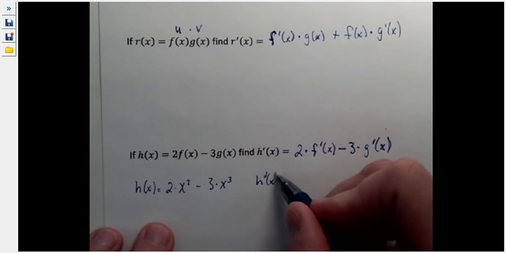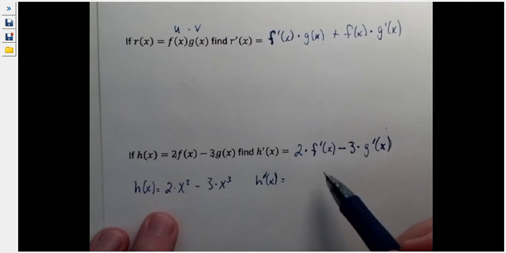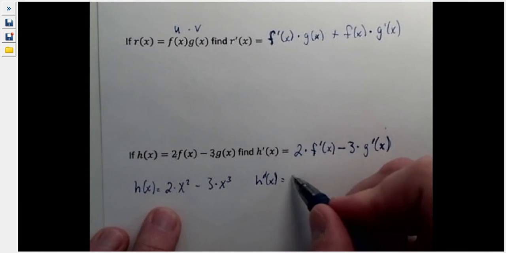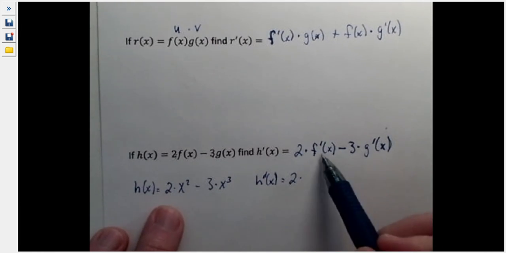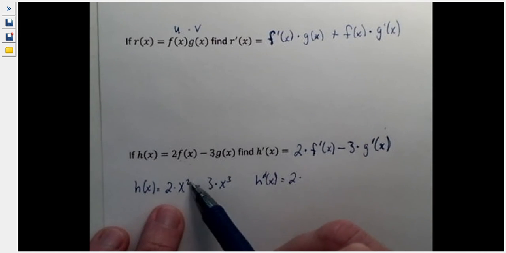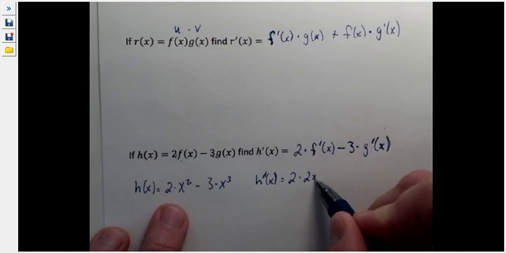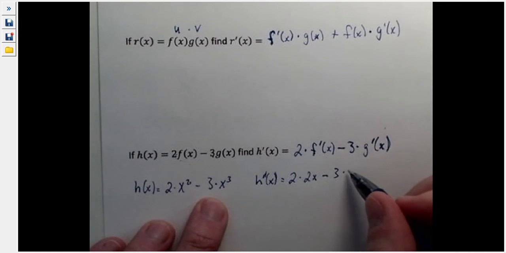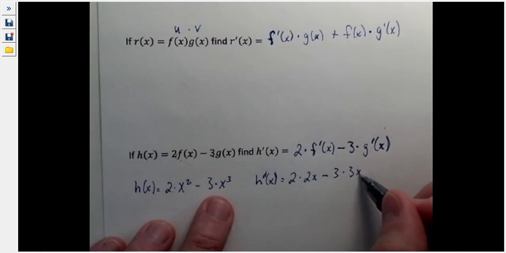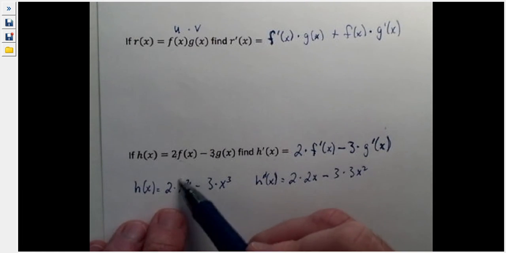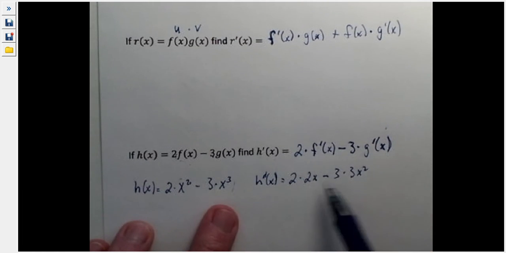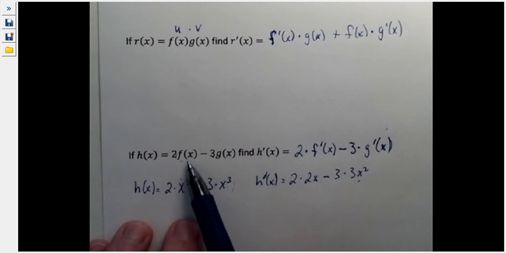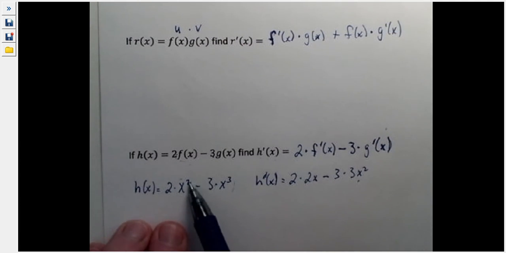If I said find h prime of x, well, the only difference is I would have had 2 times the derivative of this, f of x, which would have been 2x, minus 3 times the derivative of x cubed, which would have been 3x squared. I'm still taking the derivative of this one and the derivative of this one here and here. It doesn't make a difference if it's in function notation or if it's the actual polynomial itself.